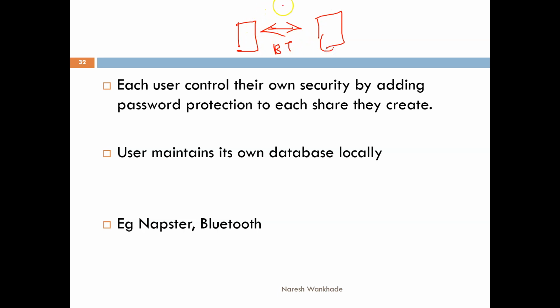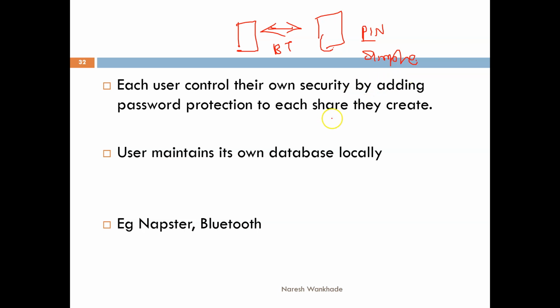In that case, the sharing of data is done with the help of a PIN. Means you have to share only a PIN to share the information. So this type of protection is basically a simple security that is added at the time of sharing data.